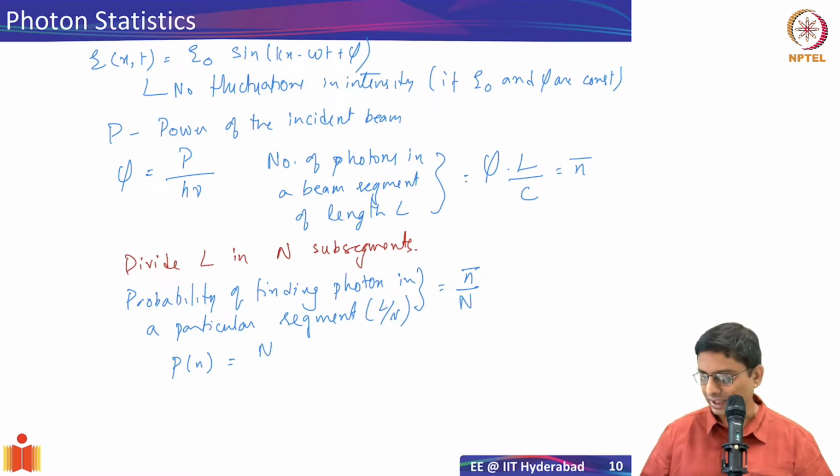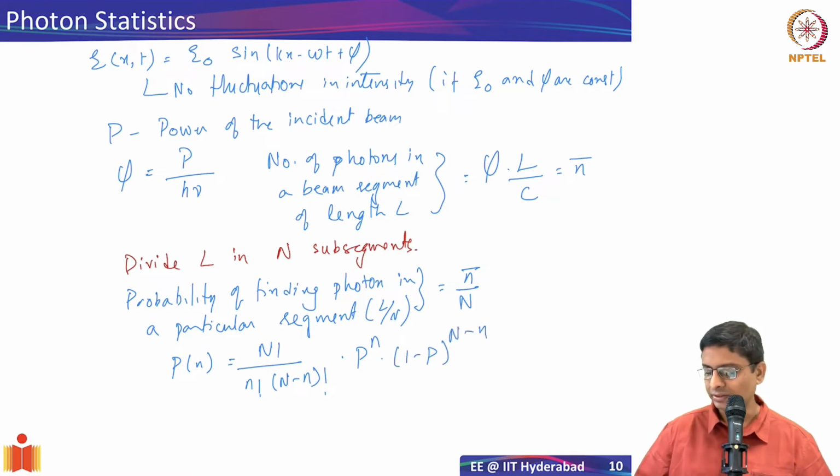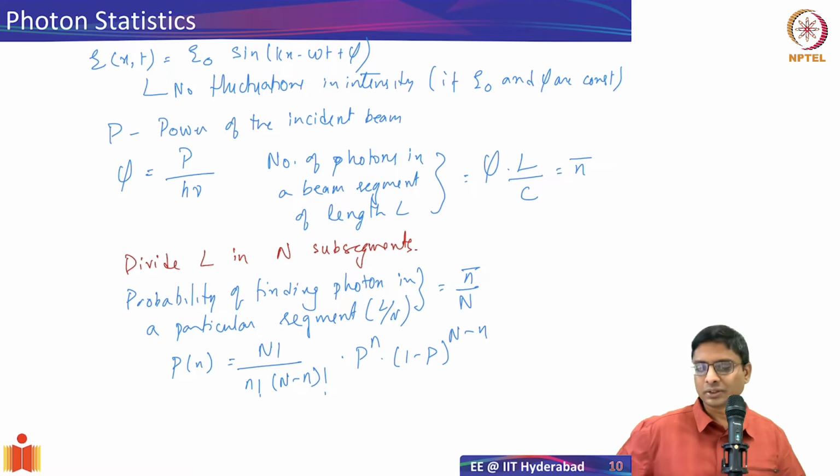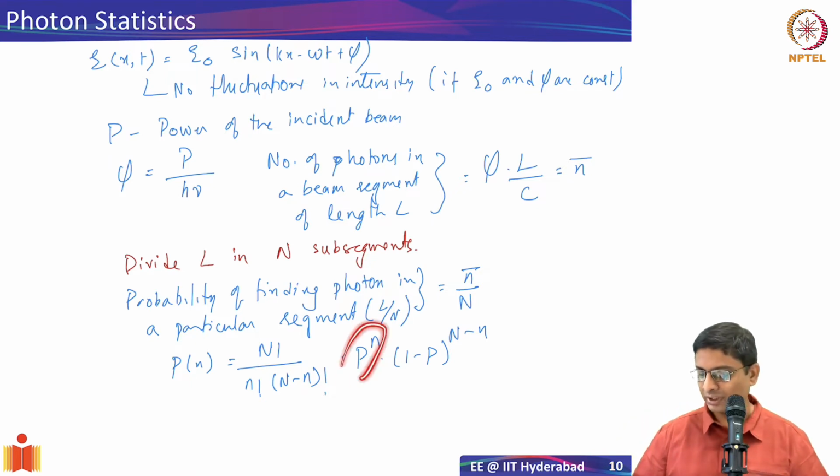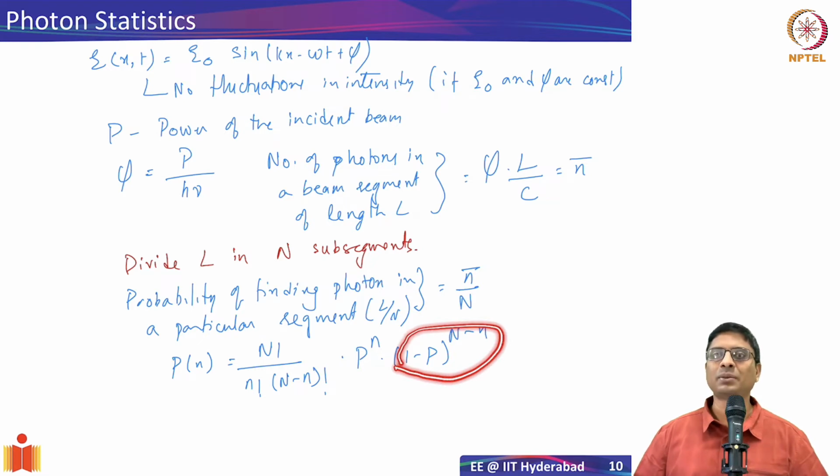You'll have capital N factorial divided by small n factorial times (capital N minus small n) factorial, into p to the power n, the probability of finding n photons in a segment, times (1 minus p) to the power (capital N minus small n), the probability of not finding them.